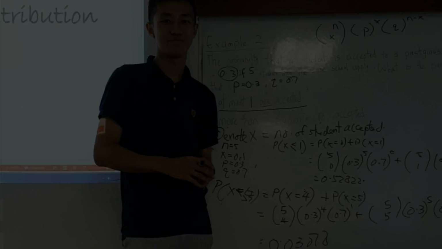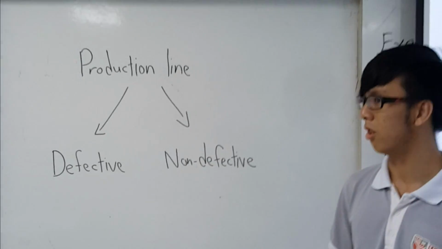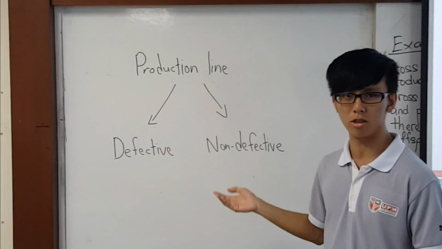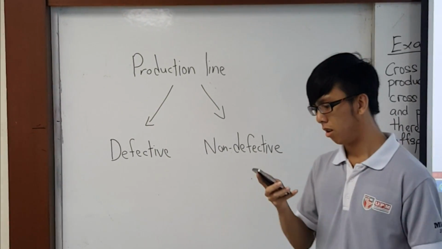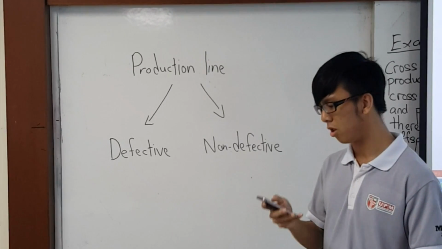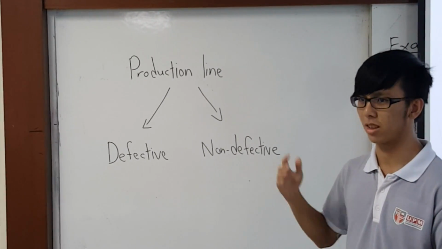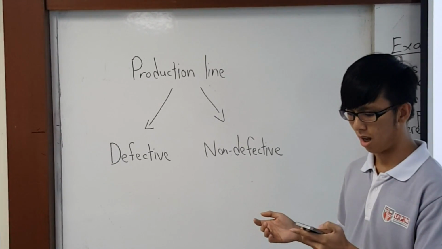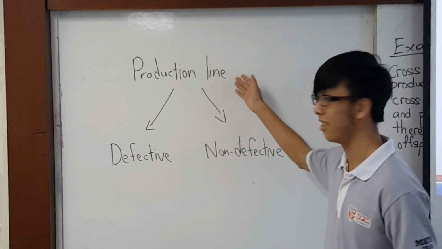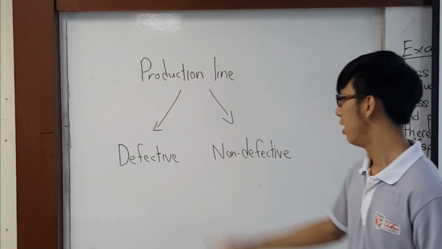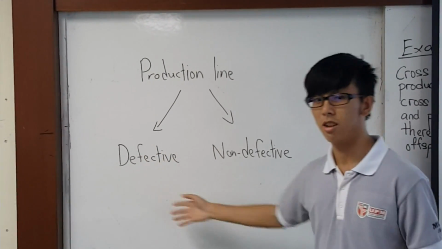Thank you. Now I would like to talk about the application of the binomial distribution. The binomial distribution is often used in the quality control of items manufactured by a production line, when each item is classified as either defective or non-defective.